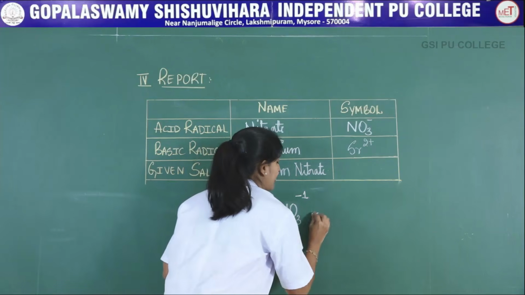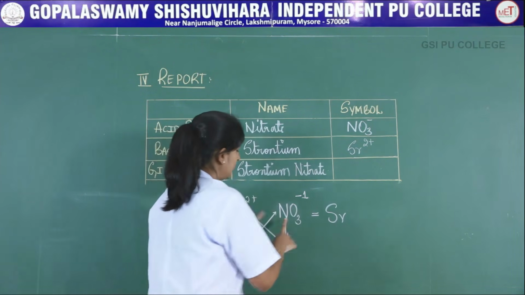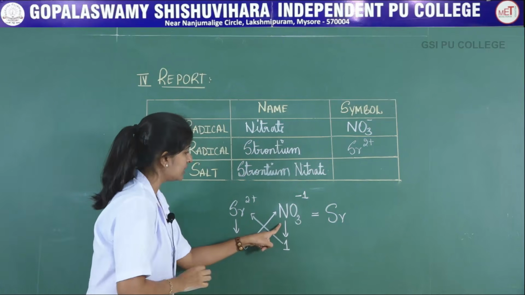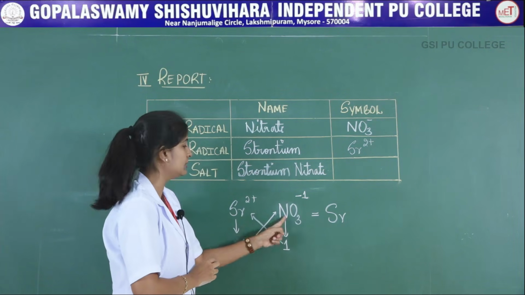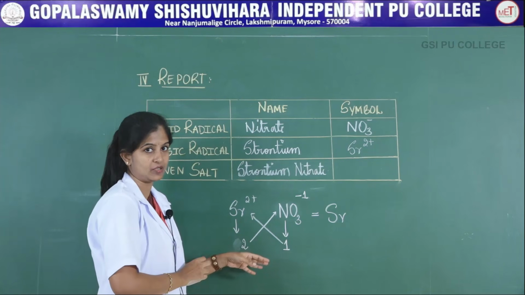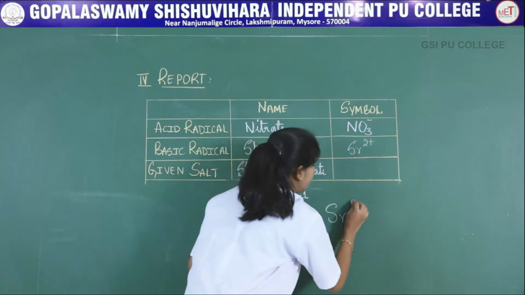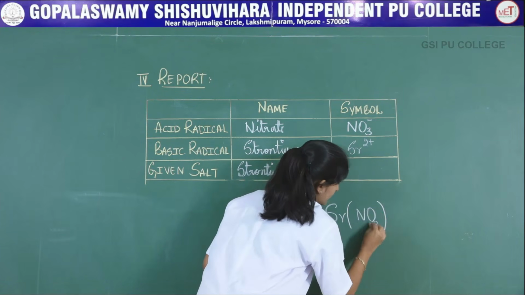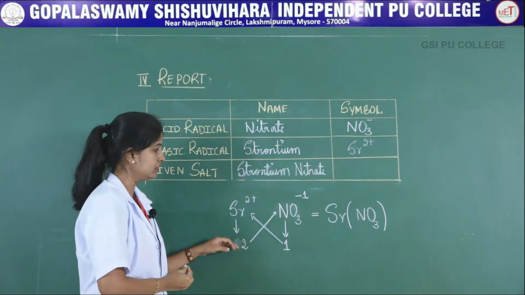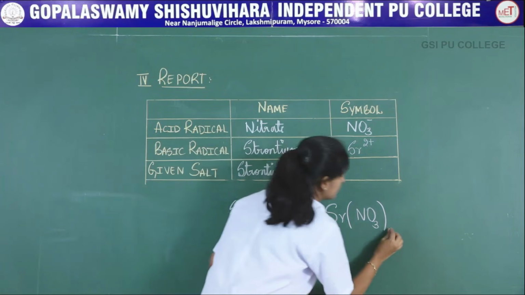Strontium, the cation, must always be written first, 1 time. Nitrate is a polyatomic ion, which means there is more than one type of atom, element. So, when a polyatomic ion comes, you have to take a bracket for that NO3 polyatomic anion, and NO3 is taken twice. So, this is twice.